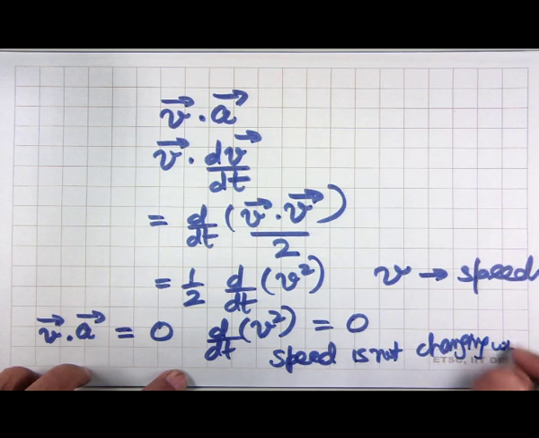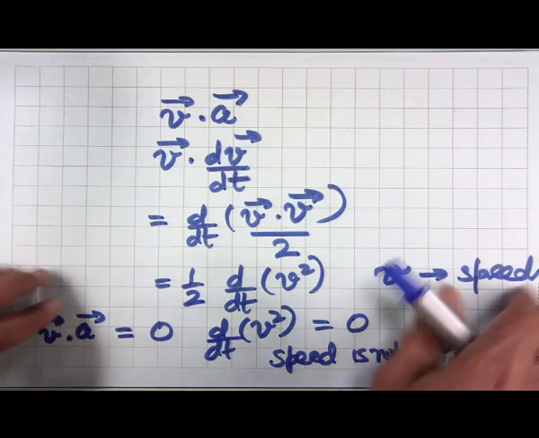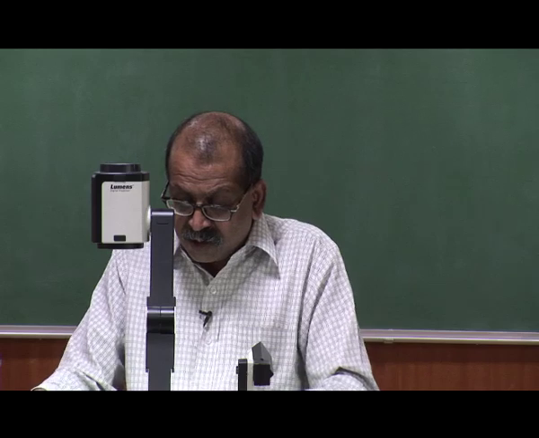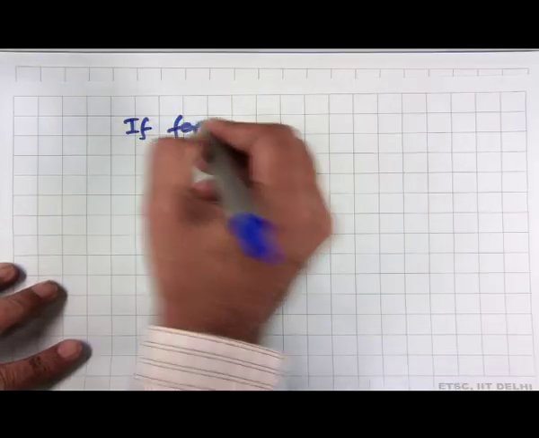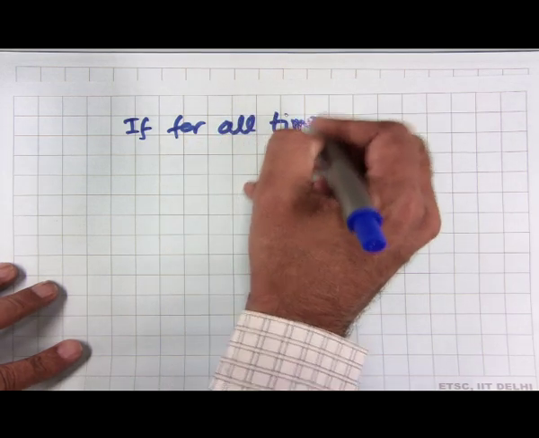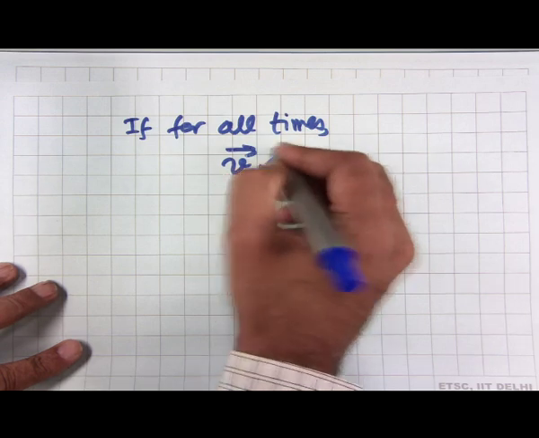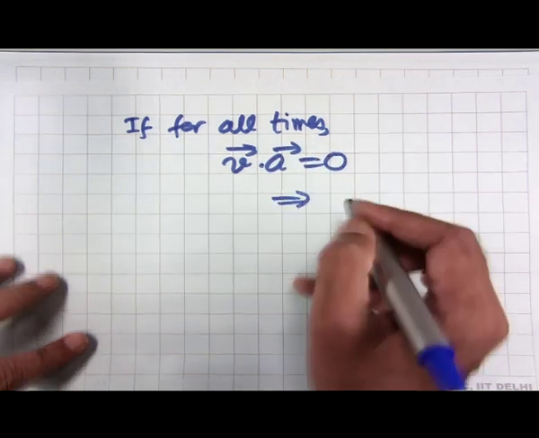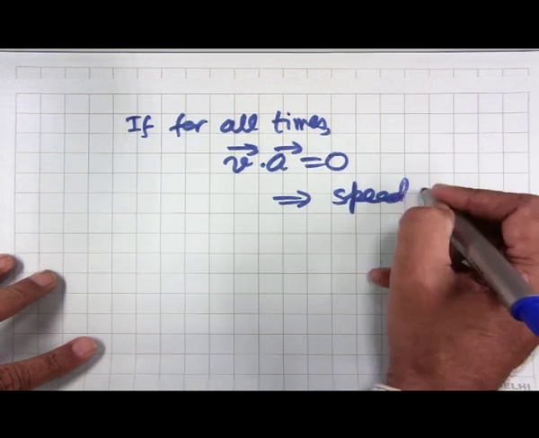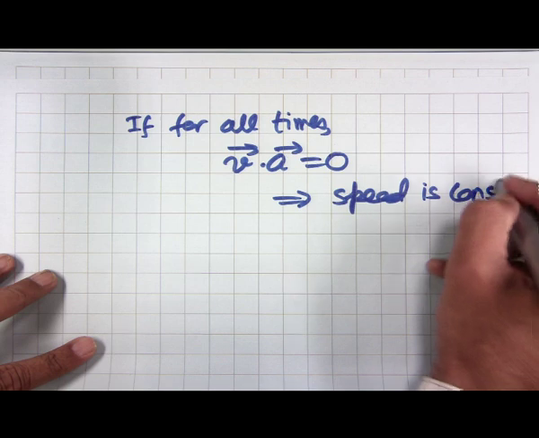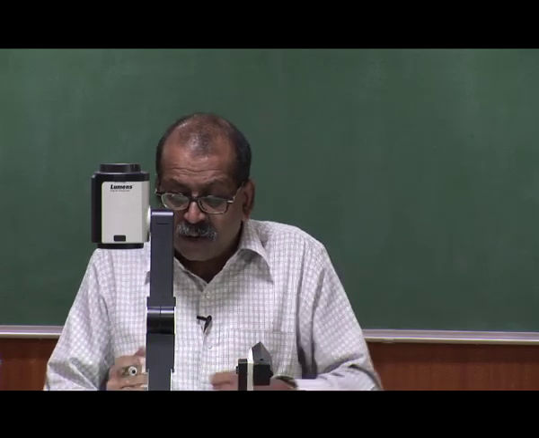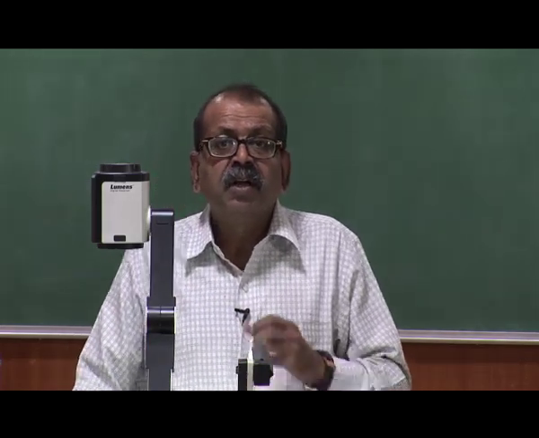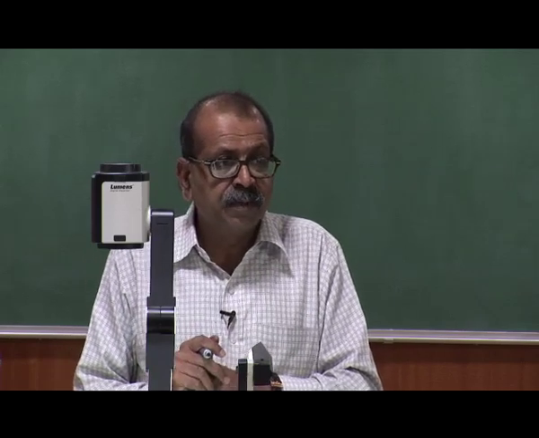And if at all times v dot a is 0, this will imply that the speed with which the particle is moving is constant. So if the acceleration is perpendicular to the velocity, then the particle has to travel with a constant speed.